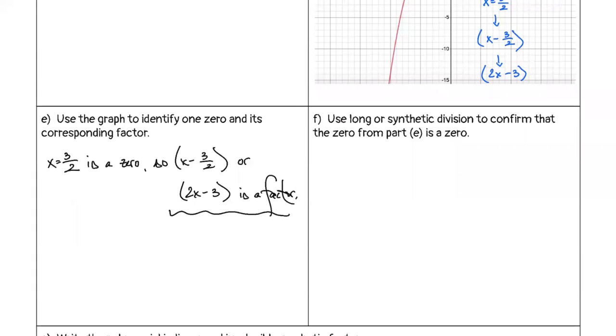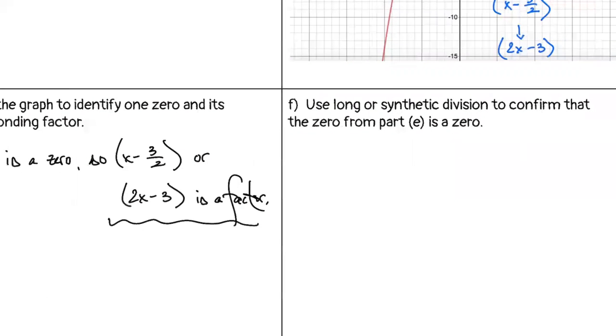As far as step F goes, I just need to put my 0 in that half square. And then I need to write out my coefficients. If I look back at my polynomial, I believe I had a 2, a -3, a -4, and a +6.